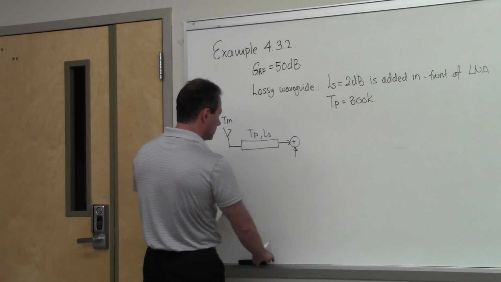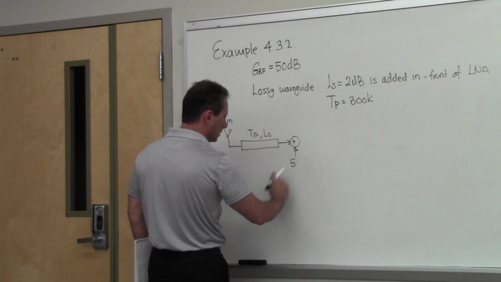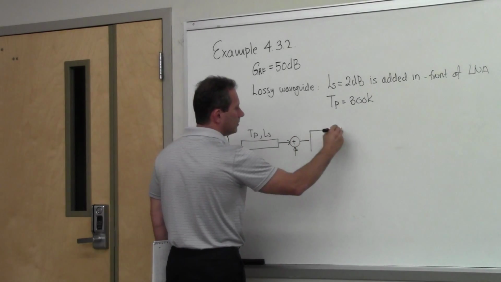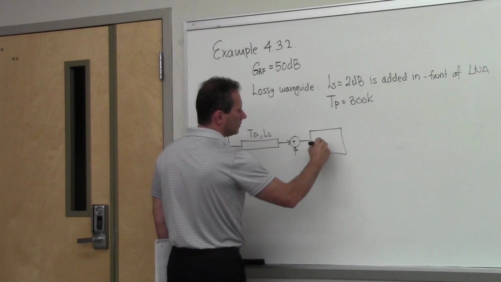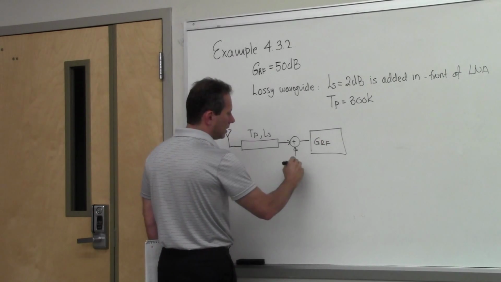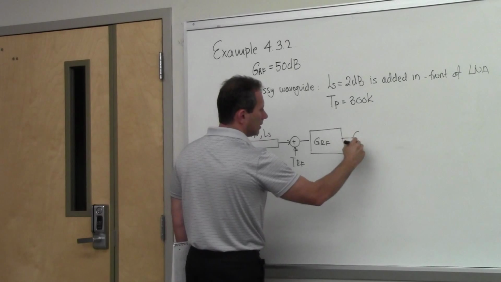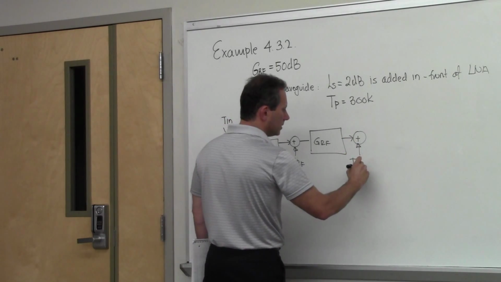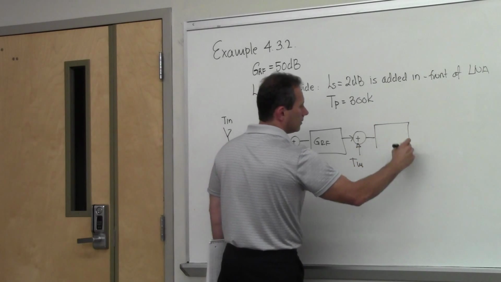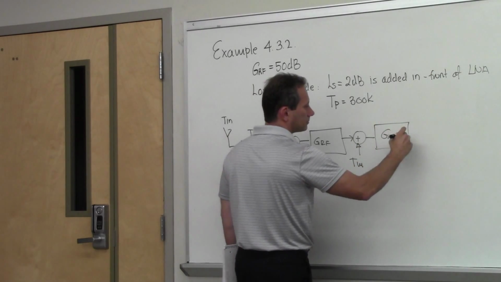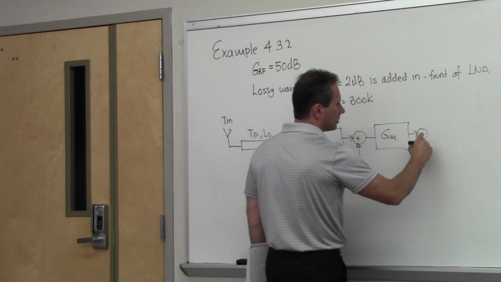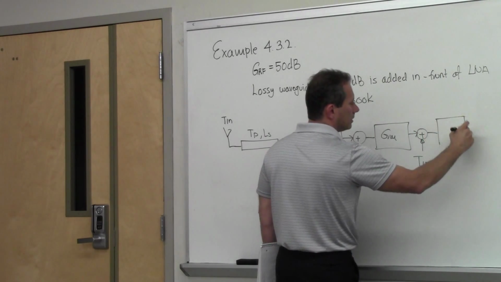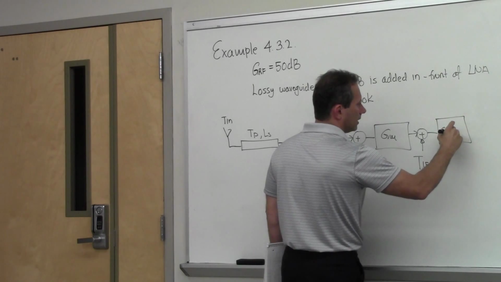Or let me just do it as we did initially. So this is your gain of the RF. This is the TRF. Then the temperature of the mixing stage, gain of the mixing stage, and the temperature of the IF stage, and then the gain of the IF stage.